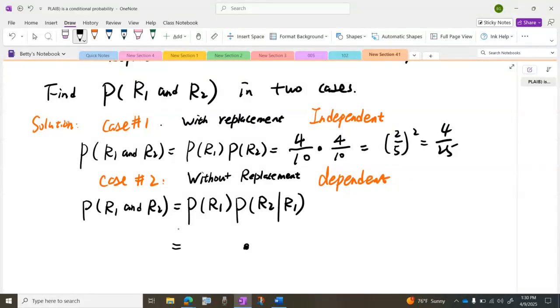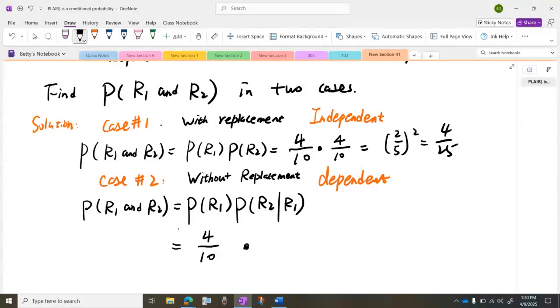So let's think about drawing 2 marbles in succession. We have 2 steps. The first step is to draw a marble, R1, and then R2. The first time we draw R1, what's the chance we get a red marble? We have 10 marbles, and among them 4 are red.